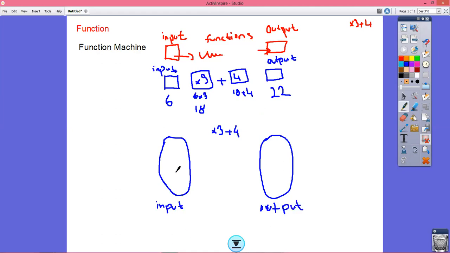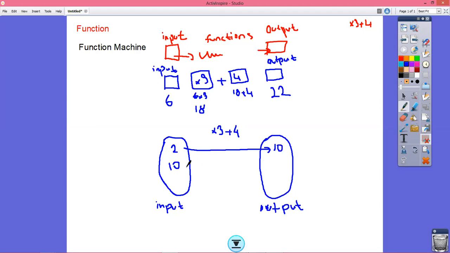Now here, if our input is 2, what will be the output for this 2? Multiplying 2 by 3 is 6, plus 4. 6 plus 4 is 10. Now let's say our input is 10, what will be our output? 10 multiplied by 3 is 30, and plus 4 is 34.